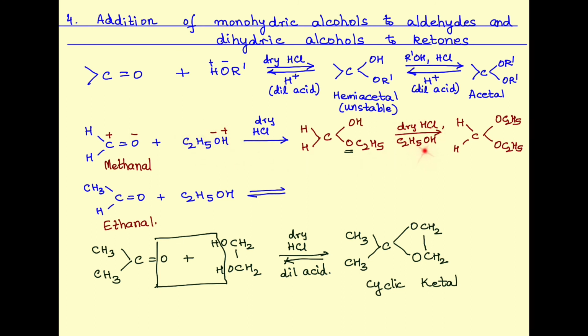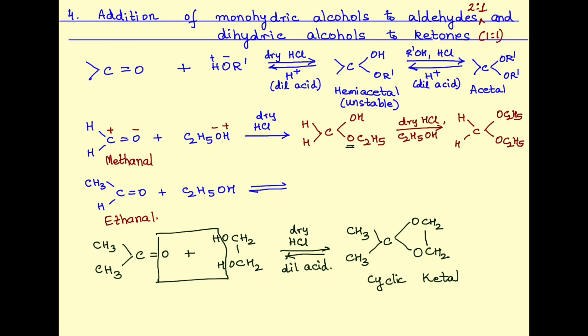In other words, monohydric alcohols to aldehydes, the ratio is 2:1. For every one molecule of the aldehyde, you require two molecules of the alcohol. Whereas in the case of ketones, only one is sufficient. So here the ratio would simply be 1:1.